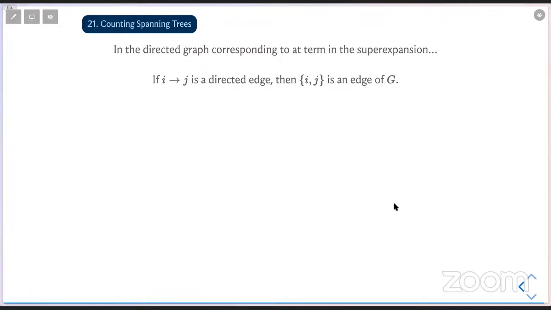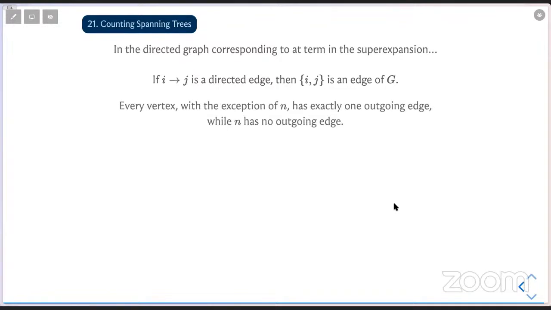So you're never adding a directed edge between two non-adjacent vertices in G, right? So hopefully that's quite clear.